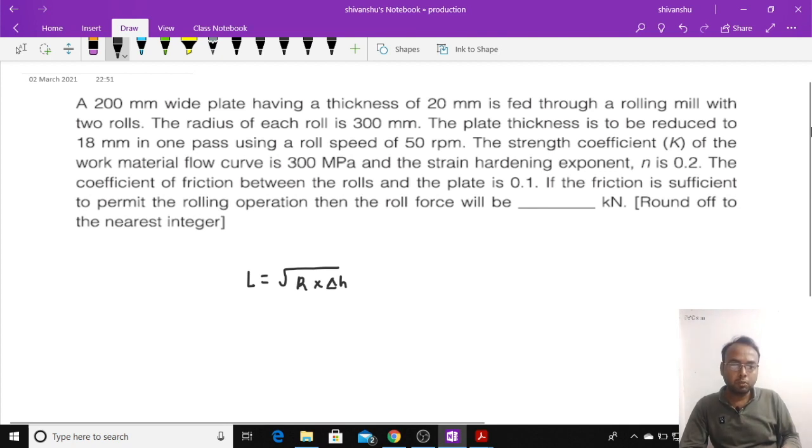So 300 multiplied by (20 minus 18), and the value of this equation is 24.49 mm.